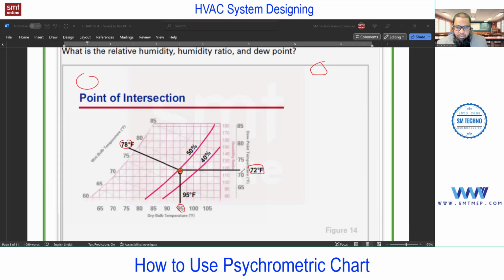And on the same horizontal, with a different scale, you will find the humidity ratio also. I'll show you. Apart from this, you see this inclined line is 40 and close to this point, this RH line is showing 50, so we can say RH is 50%. This is one example. We'll do one example in the class, don't worry. This is just a preview.